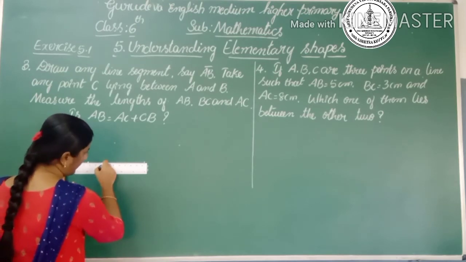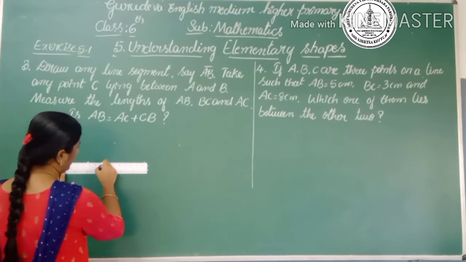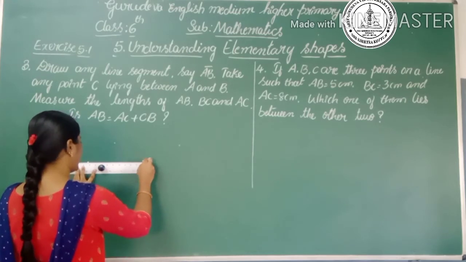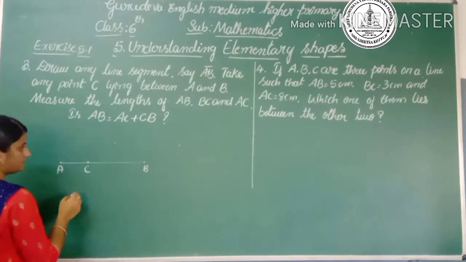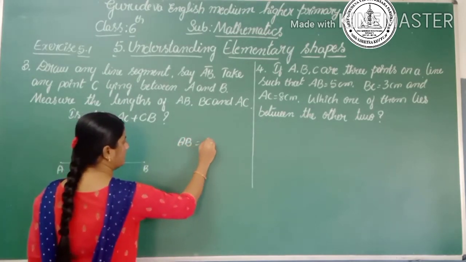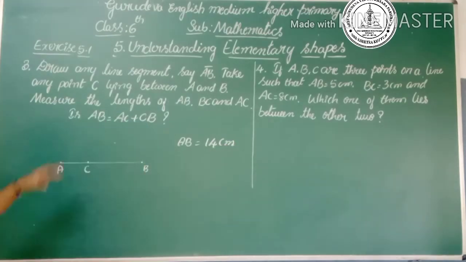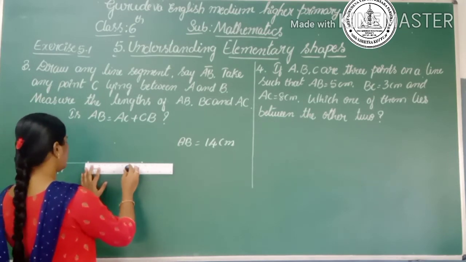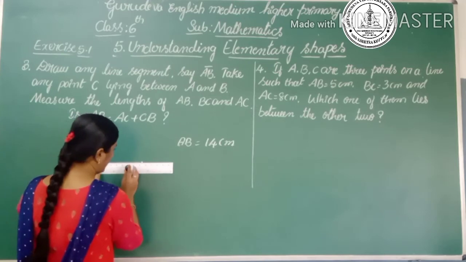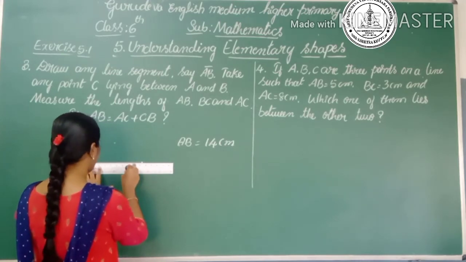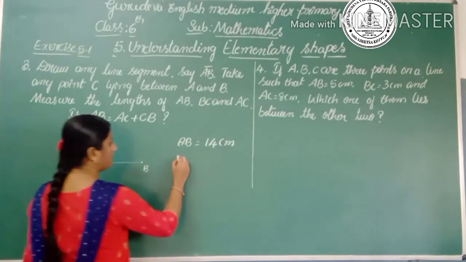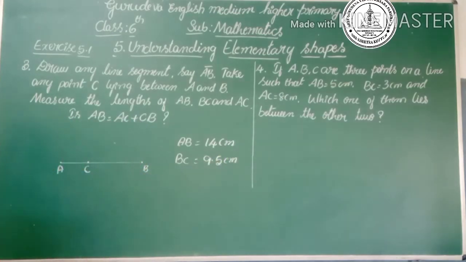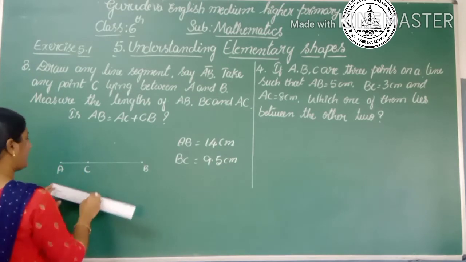The length of AB is 14 centimeters. Next, BC. To find the length of BC, keep the ruler at the point C, and B is 9.5. BC is equal to 9.5 centimeters.